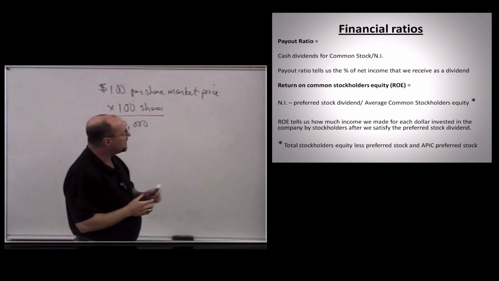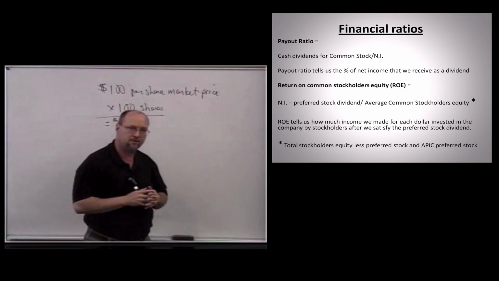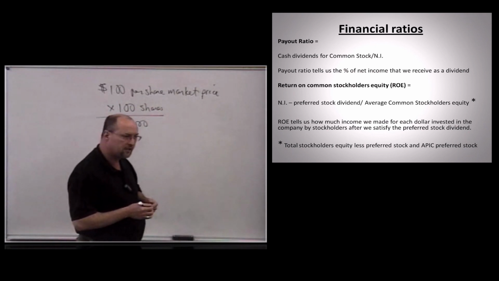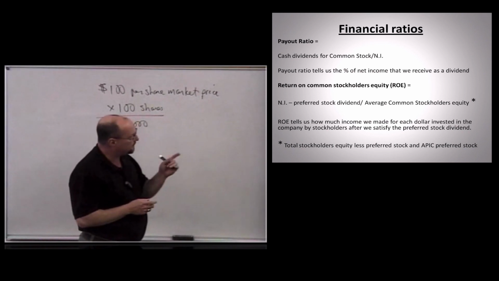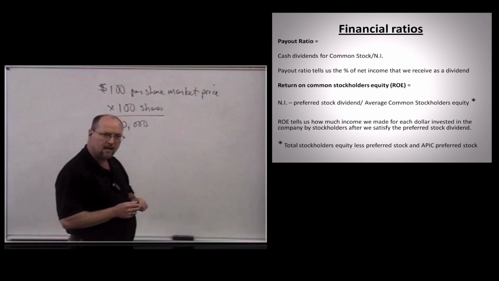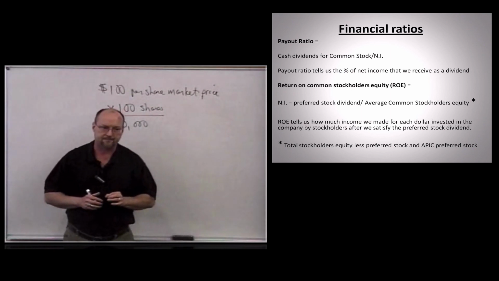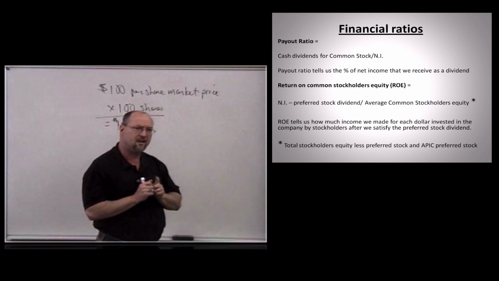Certain investors look at the payout ratio because they're curious as to what percentage of income they can expect as a return per share for each dollar of net income. And then we have return on common stockholders' equity, which I abbreviated ROE, return on equity, but it's implied that it relates to common stockholders. If we have preferred stock, we have to satisfy that preferred stock dividend first, but again, they're non-voting.